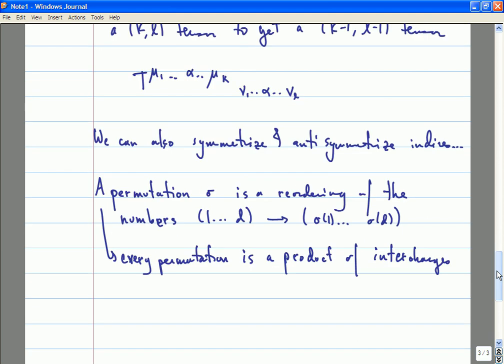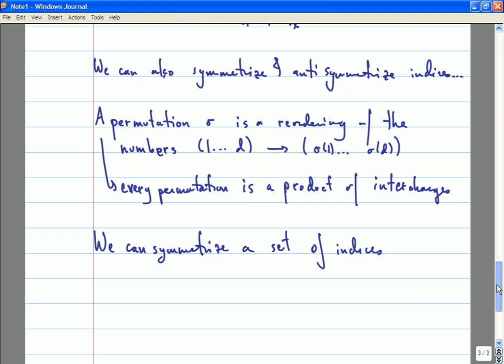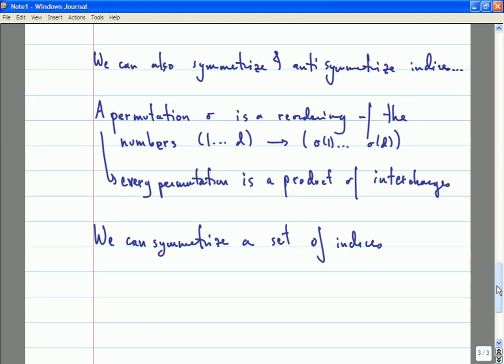So then, what does it mean to symmetrize a set of indices? The symbol that we use when we symmetrize some collection of indices is the following. If T is a tensor, say with a bunch of lower indices mu1 up to mu L, then we write the symmetrization of those indices using a set of round brackets, a set of parentheses.